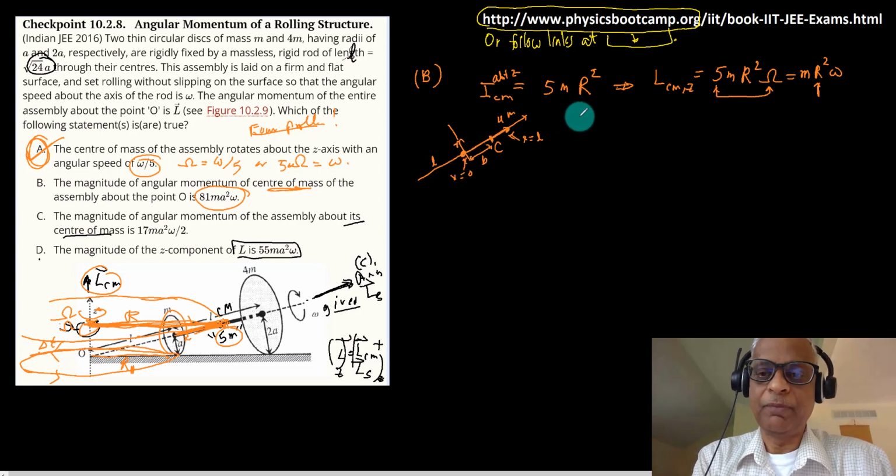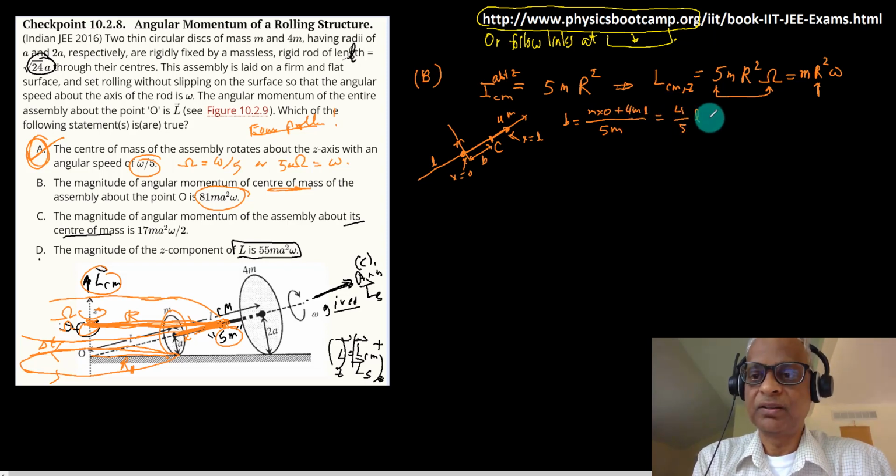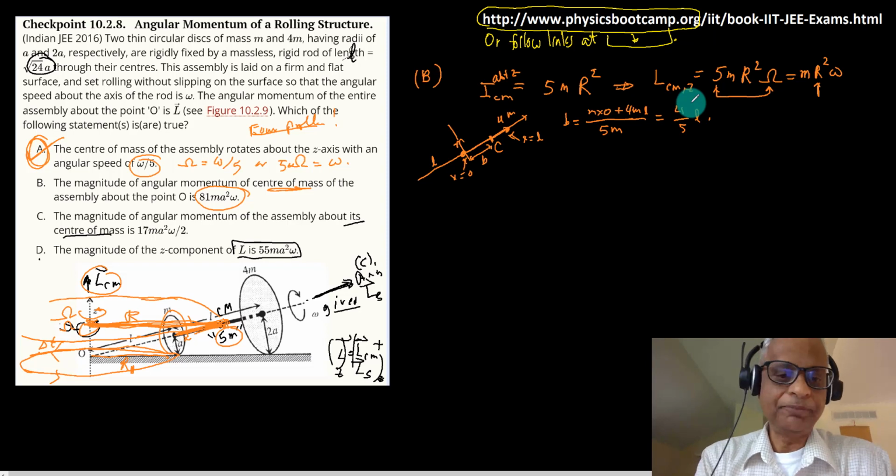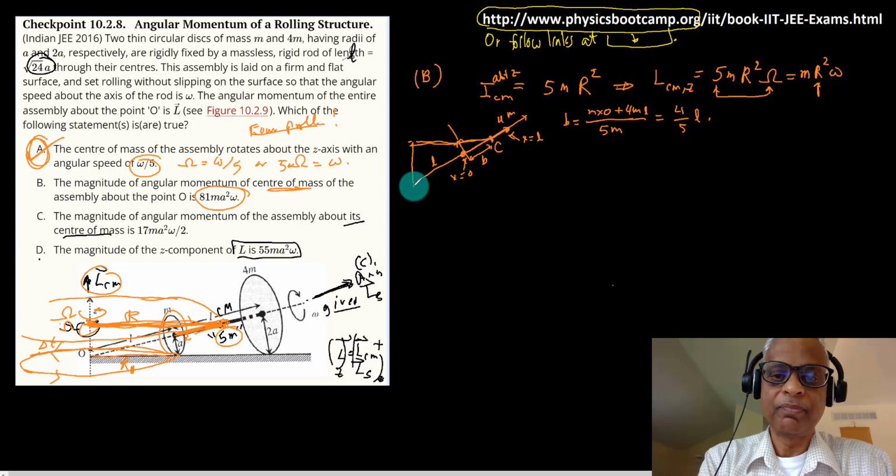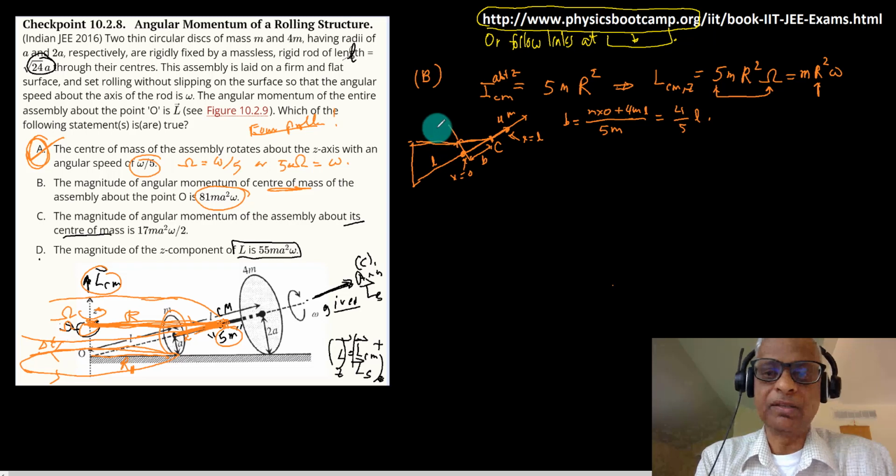So I'll have B equals the total mass 5m, times m times 0 plus 4m times L. So this is 4/5 L. Okay, so we want this distance. That's the R. We want that distance.